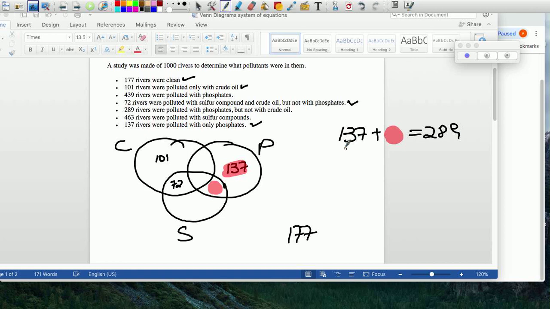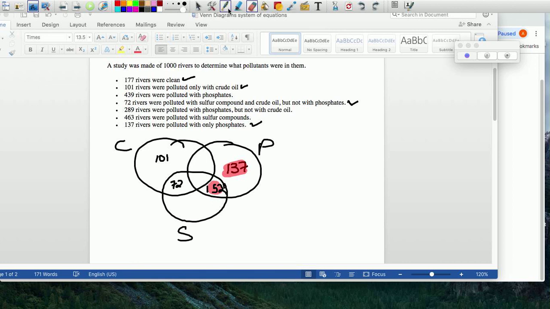I can subtract 137 from each side. It's going to be 2, 5, 1. Sorry, 289 minus 137 gives me 152. So my mystery dot over here is going to be equal to 152, right? So I can go back here and write 1, 5, 2. Okay.